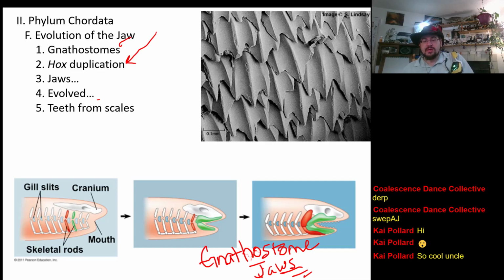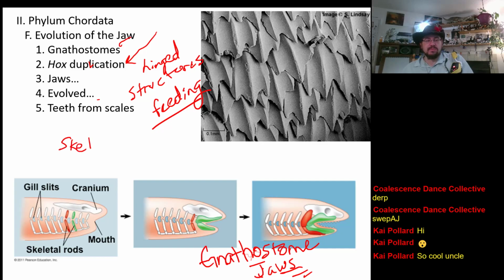Now, jaws are pretty cool. They are hinged structures. This is likely not amazingly new knowledge for you. And their primary purpose is, of course, feeding. So hinge structures for feeding. Before that Hox duplication, we likely had what would become the jaws simply being skeletal rods.